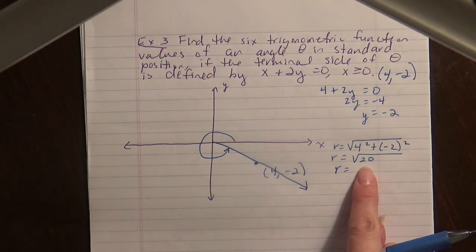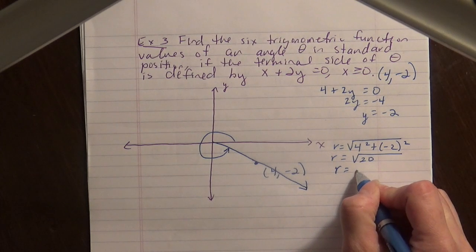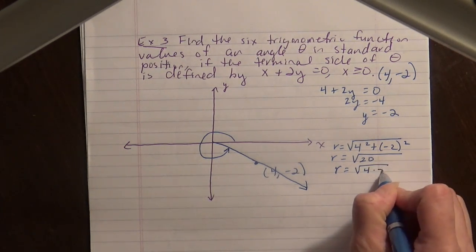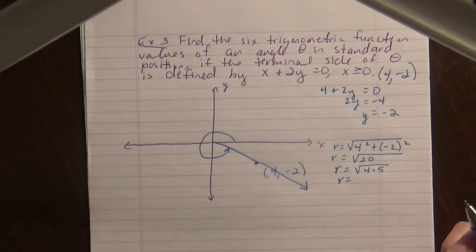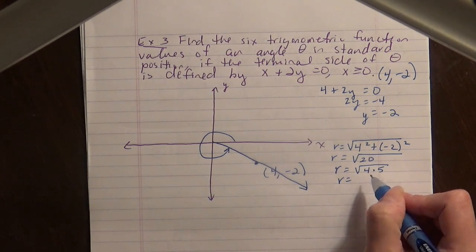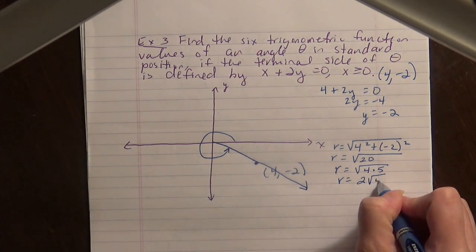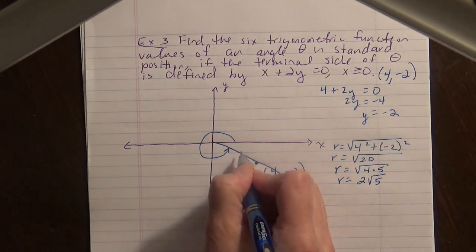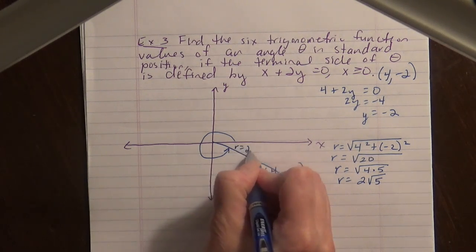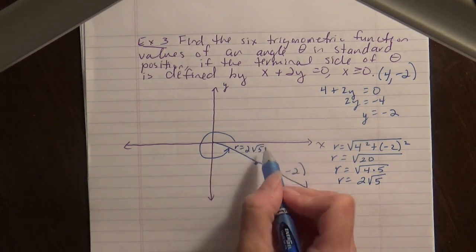If I simplify this, I know 20 is equal to 4 times 5. So I can say that this is the square root of 4 times 5. And then I can simplify that because the square root of 4 is 2. So I've got 2 times the square root of 5 is my radius. So I can put that here. r equals 2 square root 5.